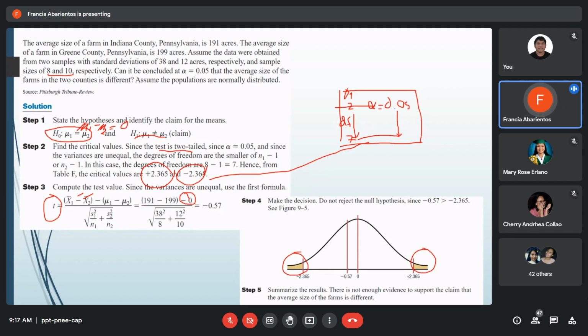We can now proceed given sa problem and the sample data: the sample standard deviation, the number of samples, and the second sample standard deviation and the sample number in the second sample, and the total number of samples. So this is now the test value natin.